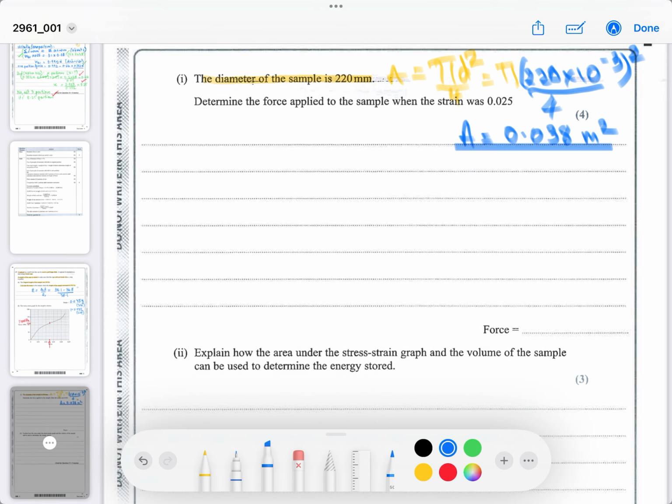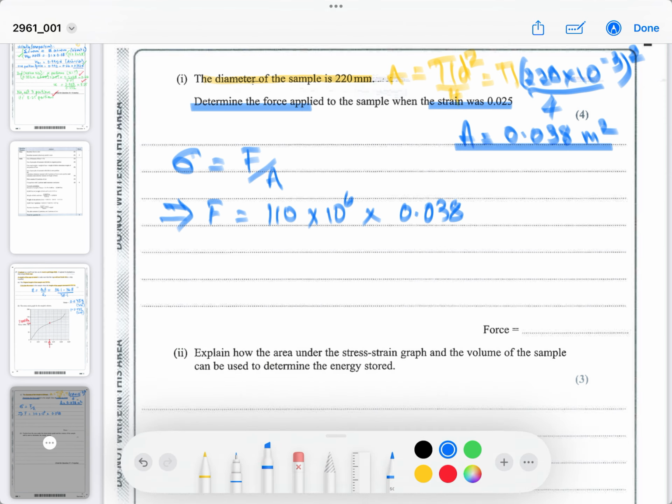So why do we need the area? Because they want us to use that 110 megapascal to determine the force. So you use the strain to go to the graph, find the megapascals in stress, and then since stress equals force over area, it follows that force equals stress times area, 110 times 10 to the 6 times the area, 0.038 meters squared, will give you the force that's applied to create that effect.